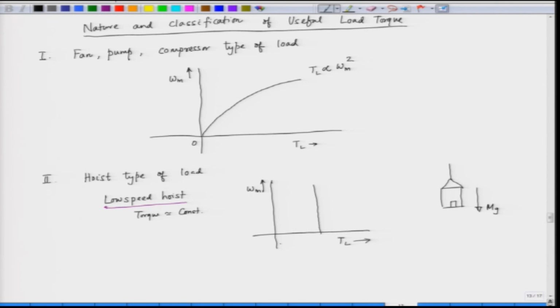This is the low speed hoist, because this gravitational pull is almost constant irrespective of the speed. mg is constant, because m is the mass and g is the acceleration due to gravity.